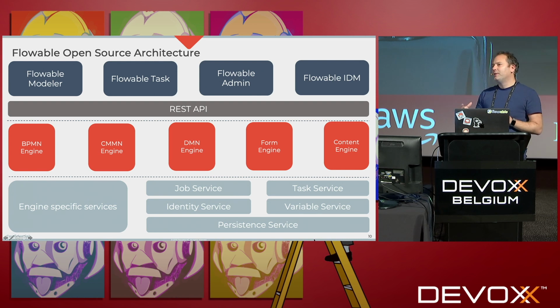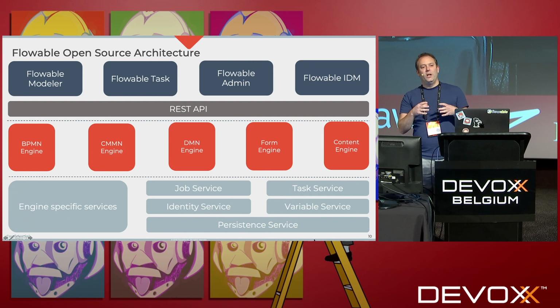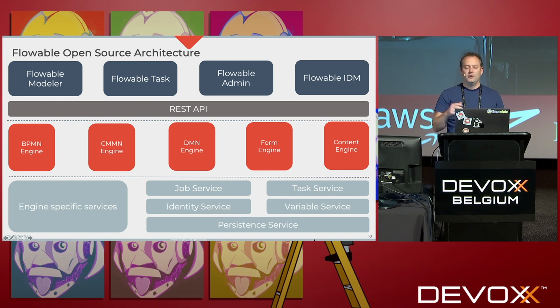But then we built the CMMN engine and we built the DMN engine, and we extracted a lot of these things in separate services. So now inside Flowable, you will see a task service, you will see a variable service, a job service, and a couple more, which are then reused across all engines.